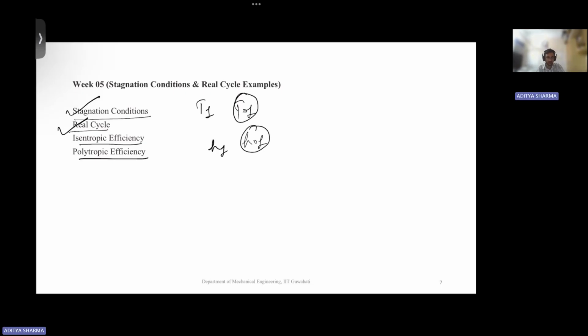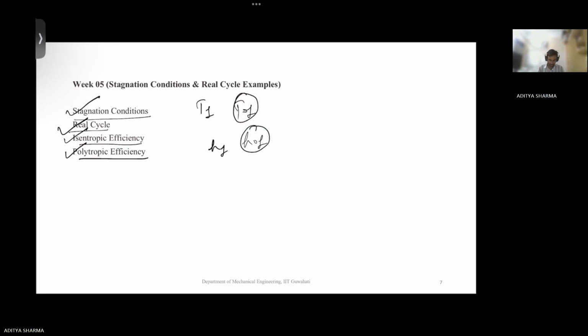Then one important topic that we discussed here is isentropic efficiency. Till now we are having efficiencies of our components like compressor and turbine through isentropic supposition.